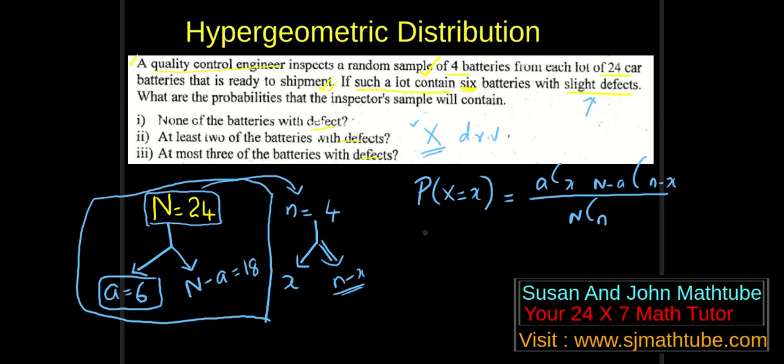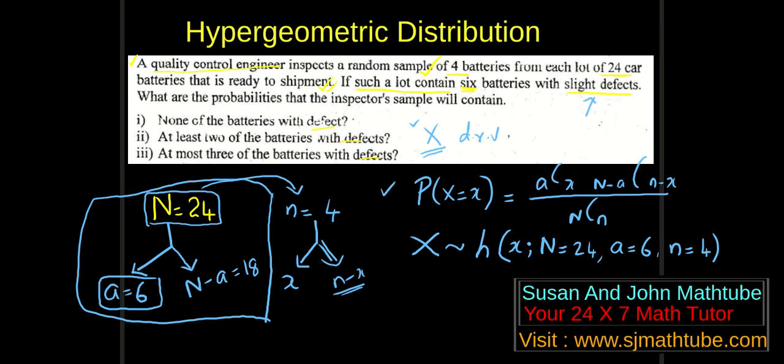And let's substitute. I forgot to write one thing. This is the notation. Look at this. Capital X follows hypergeometric distribution, and first we write the required number of successes, and then capital N 24 and the number of special batteries, and the sample size is 4.